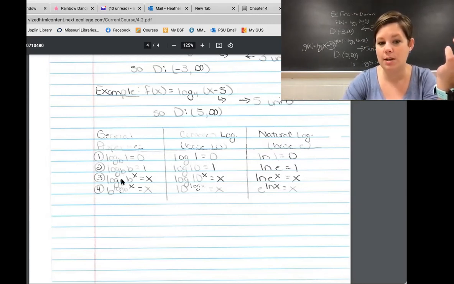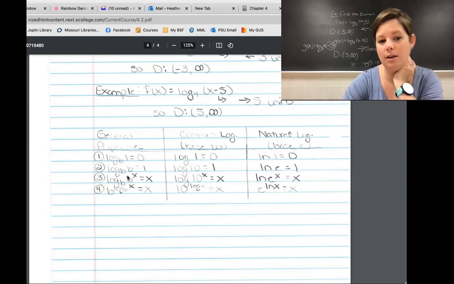Now, this next one says log base b of x equals x. So that's pretty cool. Basically, you have the same base as what's inside. Because the base becomes the base and the answer becomes the exponent, you're left with what's left over.